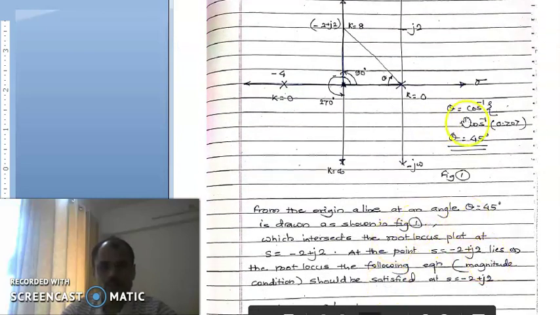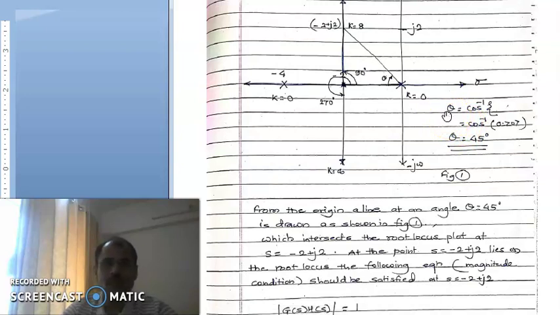Therefore there is an expression or relation: the angle theta is equal to cos inverse of zeta, and by substituting damping factor of 0.707, we will have the angle theta equal to 45 degrees.